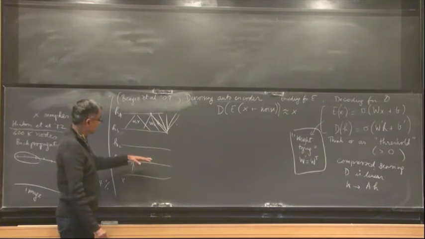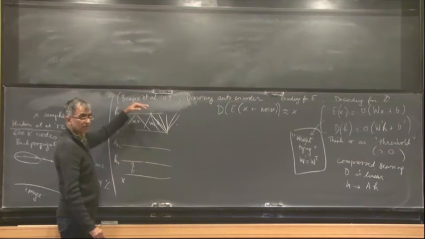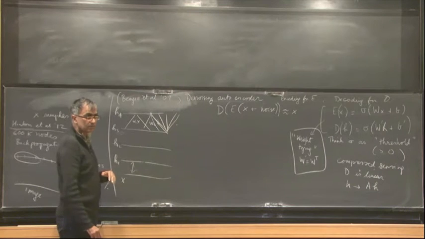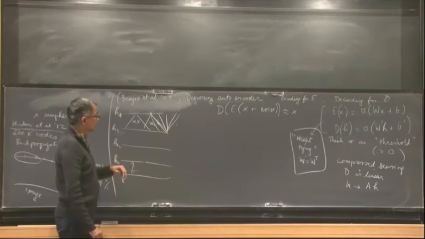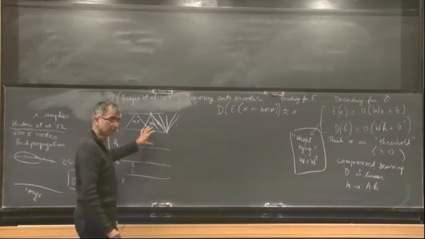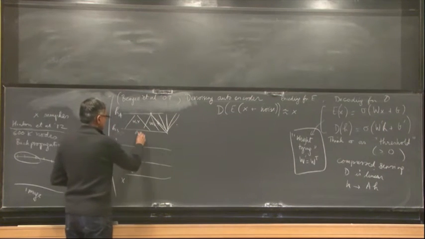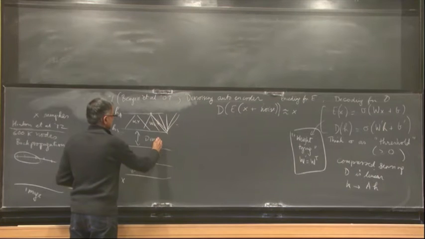So you can use X to compute all these layers, and then you can reverse them. So you have a denoising autoencoder between every pair of layers. So each one looks like this.